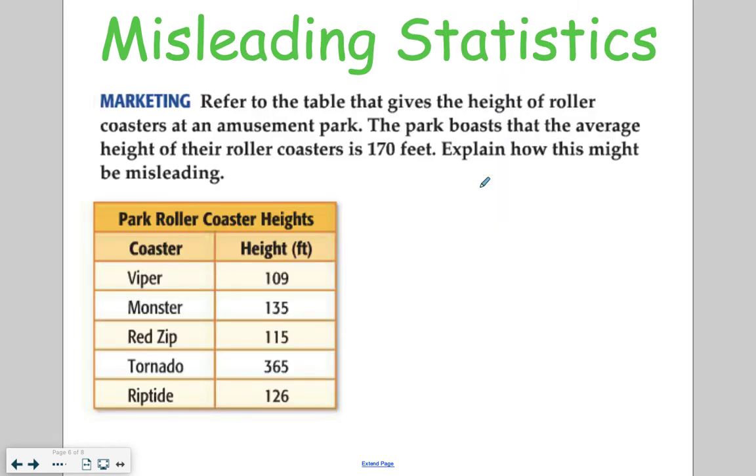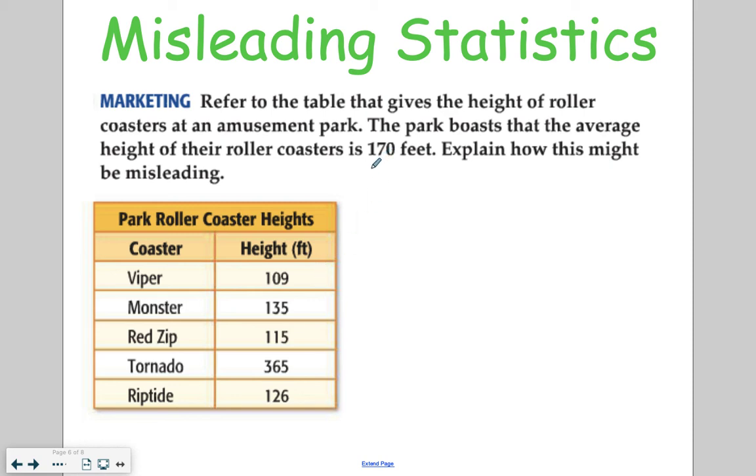Last thing we're going to look at is some misleading statistics. This kind of ties back into when we were talking about appropriate measures for central tendency. So we're looking at this list of the various roller coaster heights in a particular park, and the park says that the average height of its roller coasters is 170 feet. And then it asks us, why is this misleading?